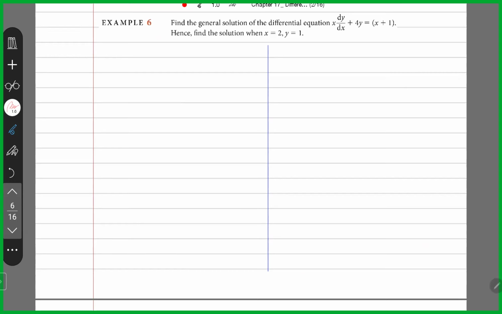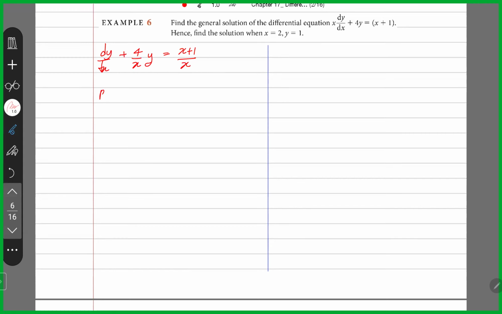First, let's get this into the proper form by dividing the entire equation by x. We're going to end up with dy by dx plus 4 over x y is equal to x plus 1 over x.